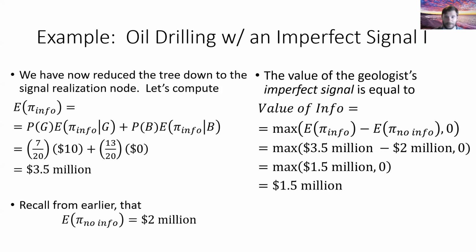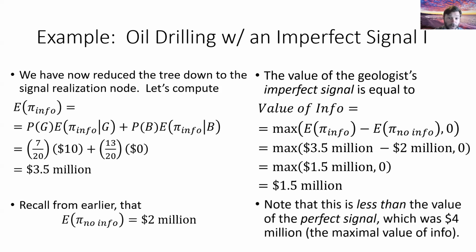Note, compared to last segment when we computed the value of the perfect signal, this is significantly lower. Here our geologist got it wrong 25% of the time, was only 75% precise. Our perfectly informed geologist, his signal was worth exactly $4 million, the maximum value of that signal.